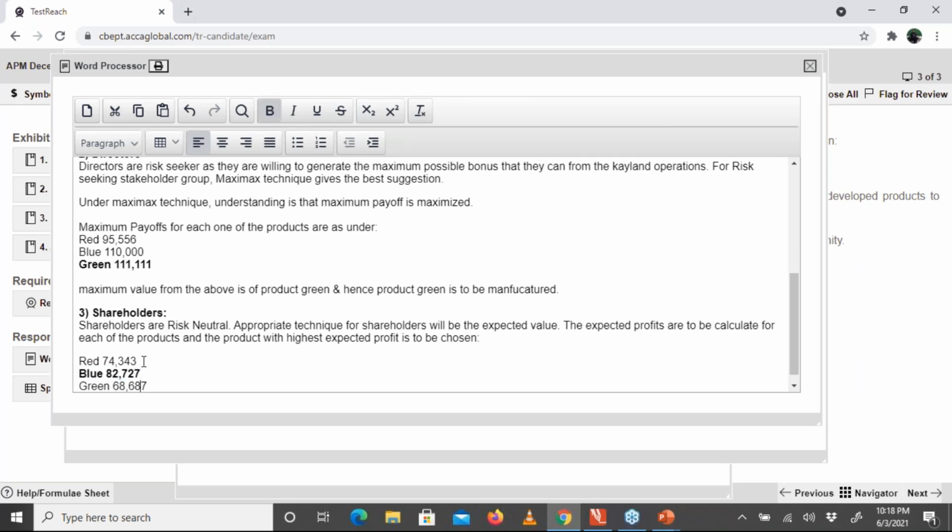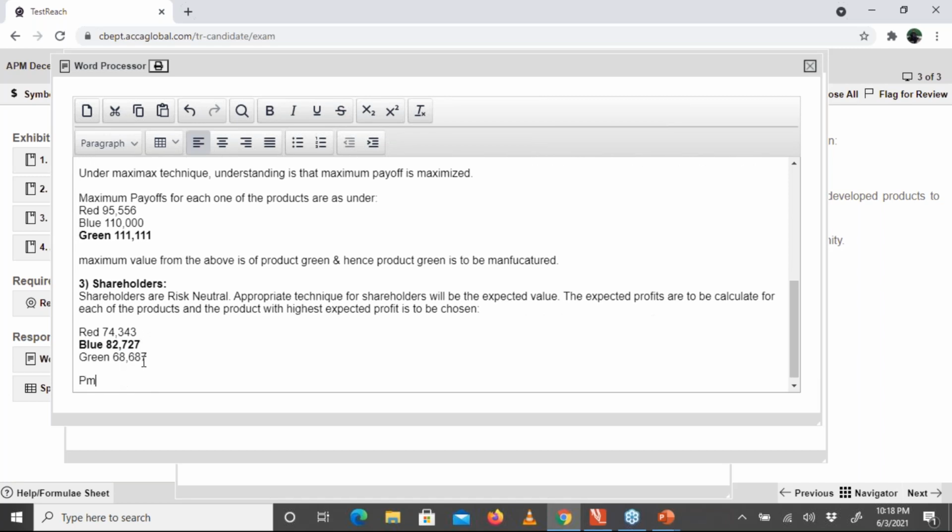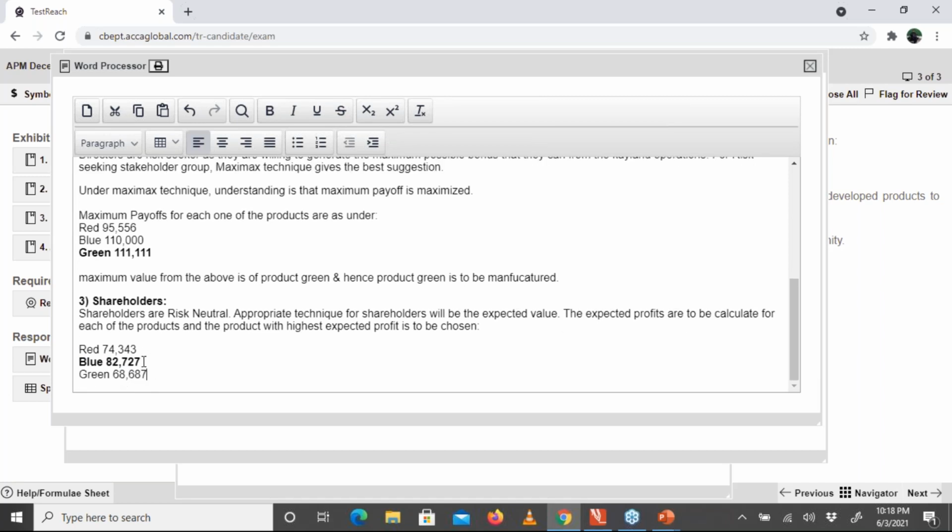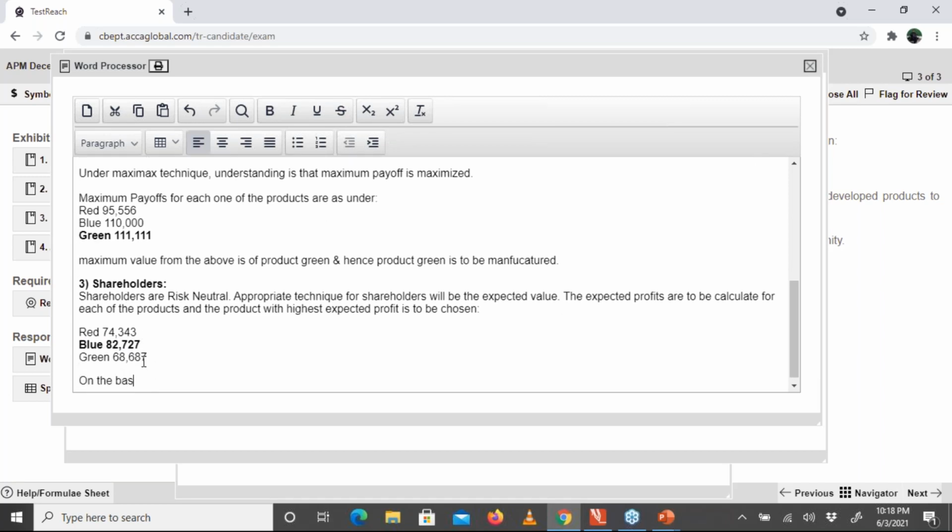So, on the basis of expected profit, the product green is to be chosen.